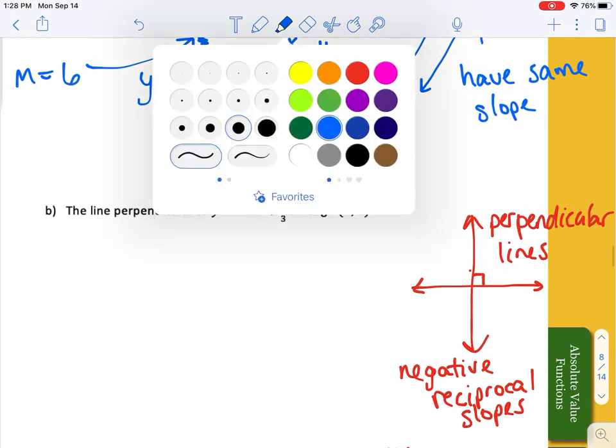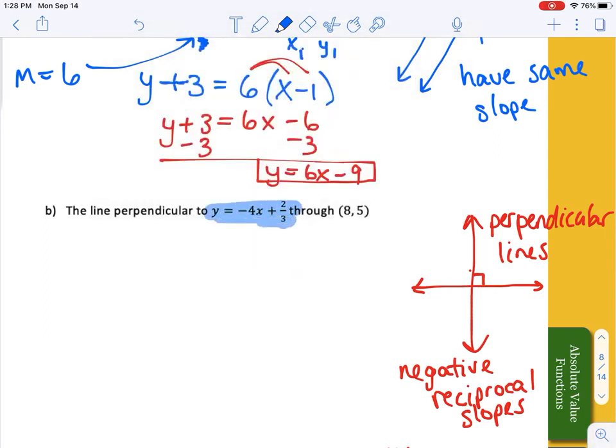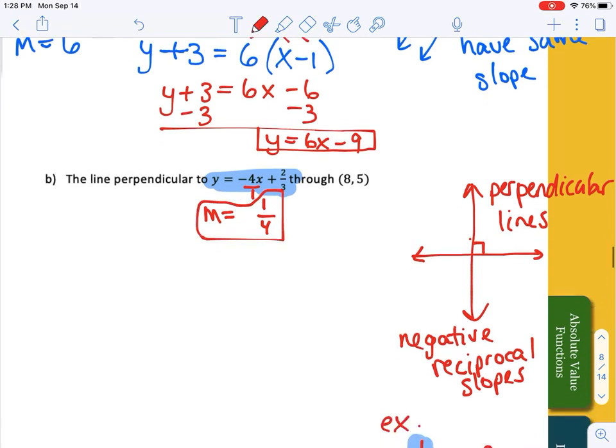So, we are finding the perpendicular line to this line through a point. We know our new slope must be perpendicular, so opposite sign, positive, and then the reciprocal of 4/1 is 1/4. So our new slope is 1/4. I'm going to show you how you can use slope-intercept form to solve for your y-intercept. So we have y equals mx plus b. Instead of using point slope form, we're just going to use this.